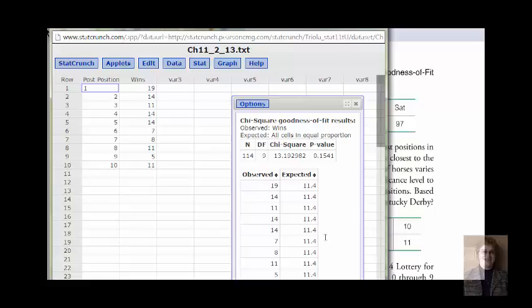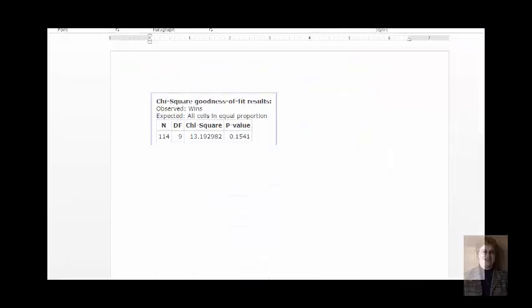So let's do that, and let's do a 6-step test. Here I've pasted in part of our results table from StatCrunch, and let's do our 6-step test.